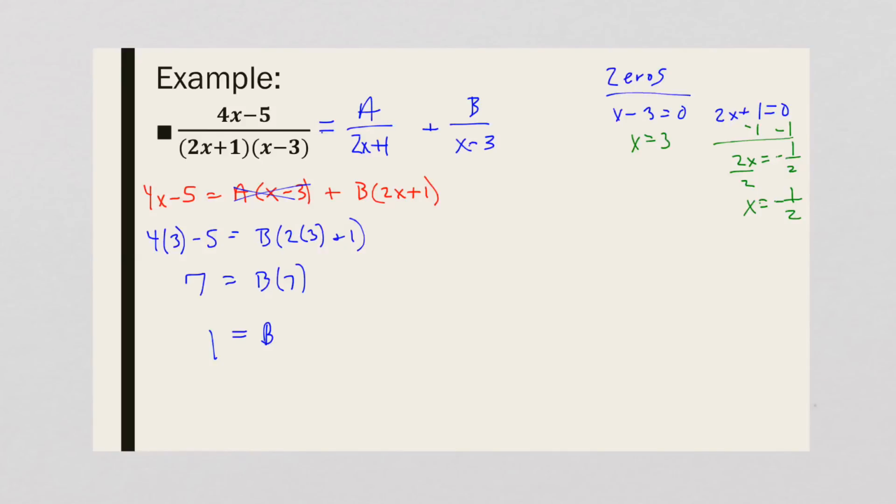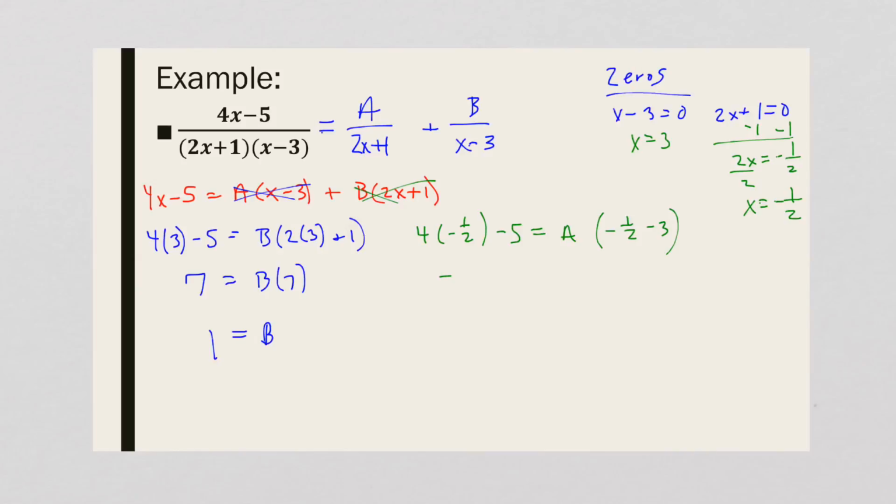When I go back, find a, I'm going to have 4 times negative 1/2 minus 5 equals a times negative 1/2 minus 3. We know our b part's going to go away this time.